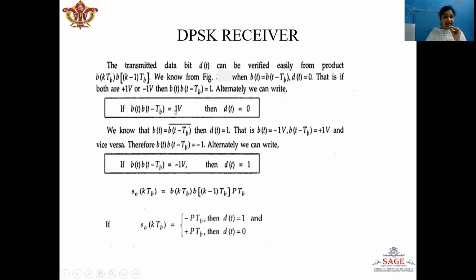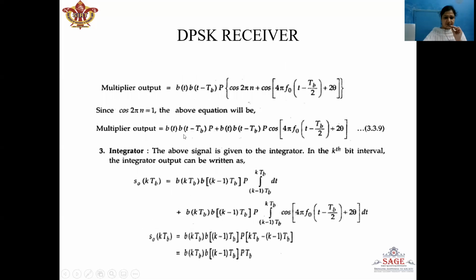But when d(t) is equal to 1, in that case b(t) and b(t minus Tb), that means two successive bits, are complements of each other. If one is plus 1, the previous bit will be minus 1. That means if the present bit is plus 1, the previous bit will be minus 1, or vice versa. So in that case, the product of the two successive bits will always be minus 1, and the output of the integrator and dump receiver will be negative.